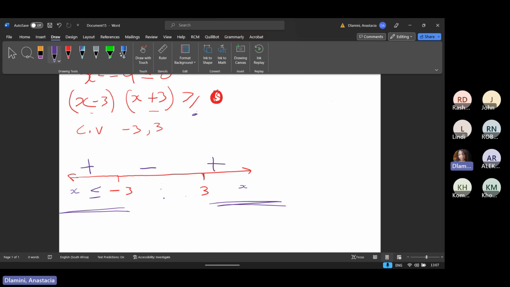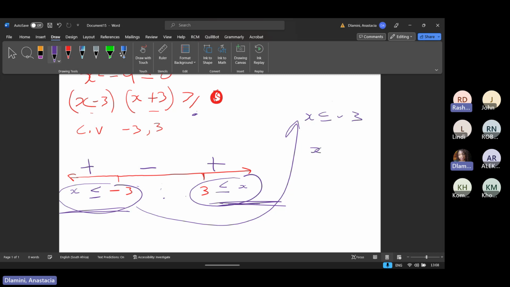So here and here, which one would it eat? But now at 3 and x, which one would it eat? X. So you take it the way it is. This one, you write it as x less or equals to -3, or this one as x greater or equals to 3. That's how you solve your inequalities.